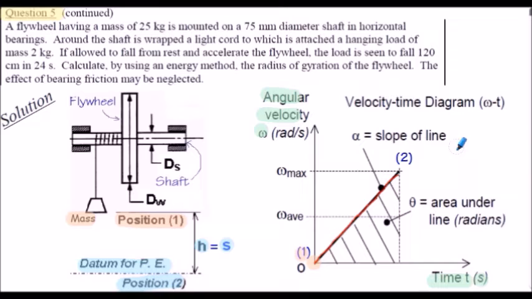And remember, the slope or the gradient of a velocity time diagram is acceleration, labelled angular acceleration in this particular case. So at position 2, we'll have a maximum angular velocity of the shaft and flywheel, and of course we'll have a maximum linear velocity of the mass. If I was to draw the linear velocity time diagram, it would look exactly the same, just different numerical values on the vertical axis.